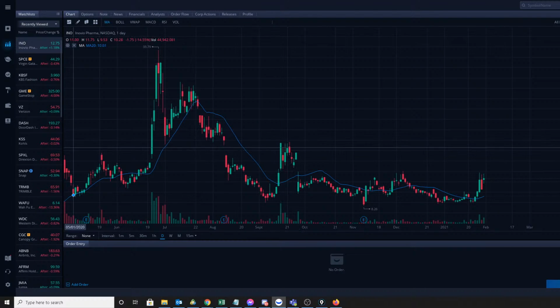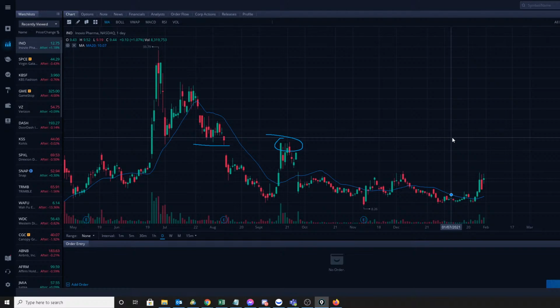What I'm looking at is this area here that we dealt with previously, back in August, back in September, and going into the beginning of October.